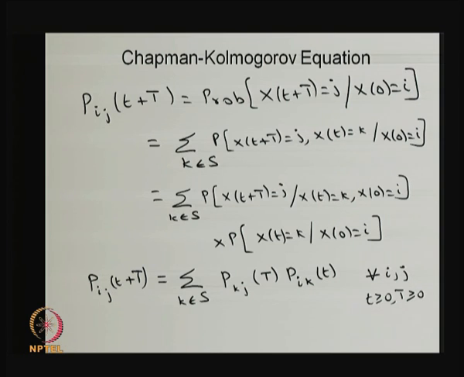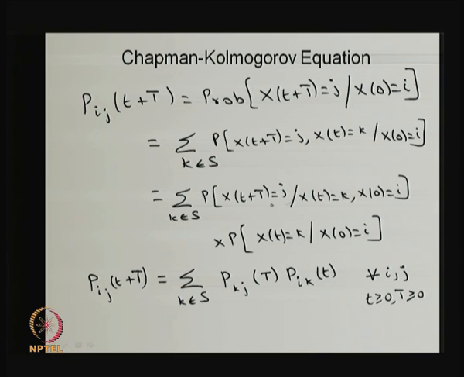That is same as the first conditional probability. This is the same as the Markov property which we discussed in the definition of a continuous time Markov chain. There I discussed the CDF, cumulative distribution function.